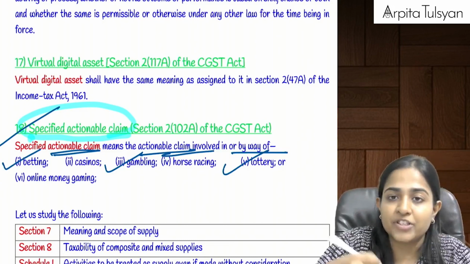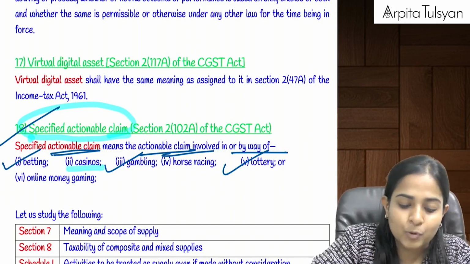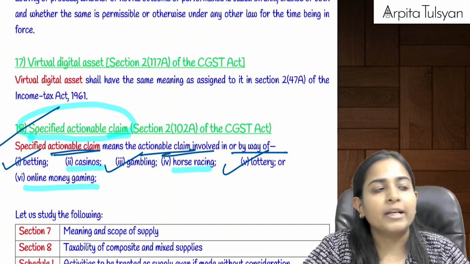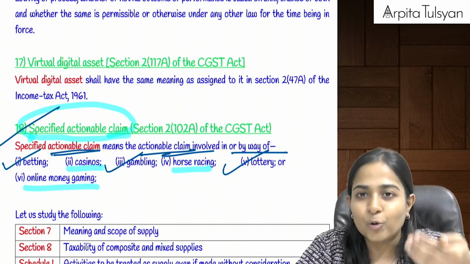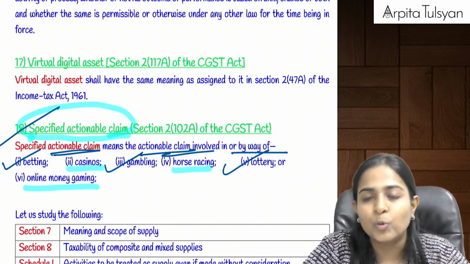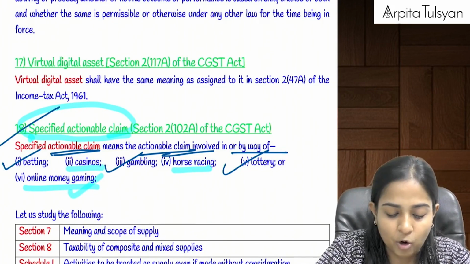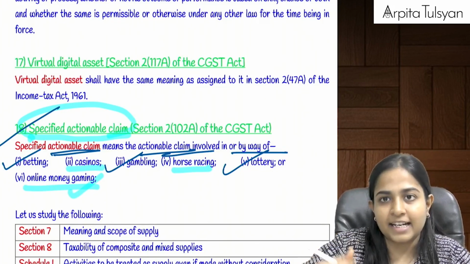A few more things are added here: casinos, horse racing and online money gaming. These three things are included in your actionable claims; we can call them specified actionable claims. We will study it further.